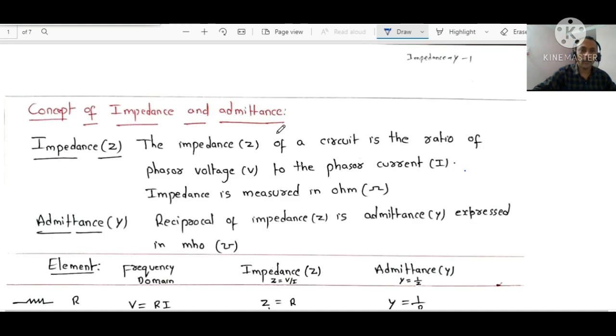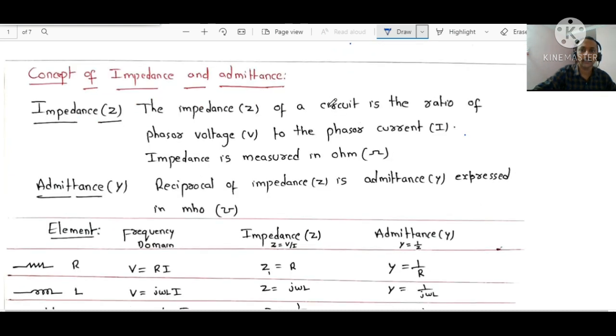Now this impedance is nothing but the ratio of phasor voltage to the phasor current. Simply we will take the ratio, that is impedance Z equal to V divided by I, and this V and I represent the phasor voltage and phasor current, right?